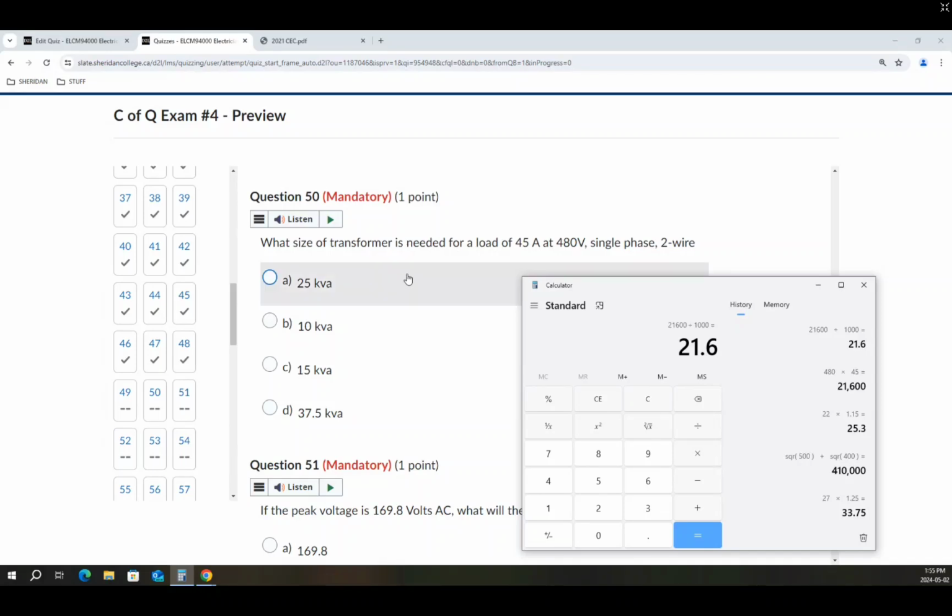What size transformer is needed? And again, we're going to take the best answer.